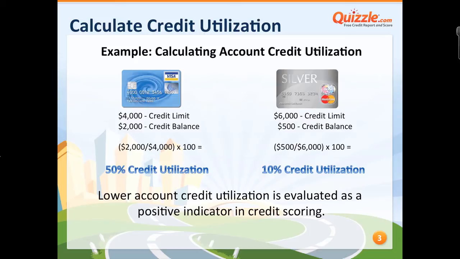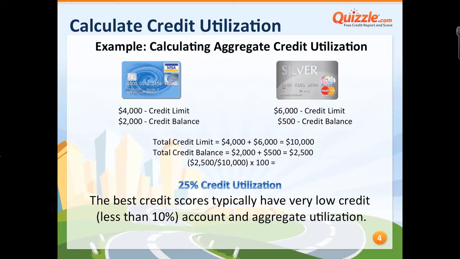And in this particular account, at the account level, I have only a 10% credit utilization. So just in general, the thing that you want to keep in mind here is that you want to have the lowest possible credit utilization per account. The lower that percentage is, the more positive the credit scoring model will evaluate your credit risk.